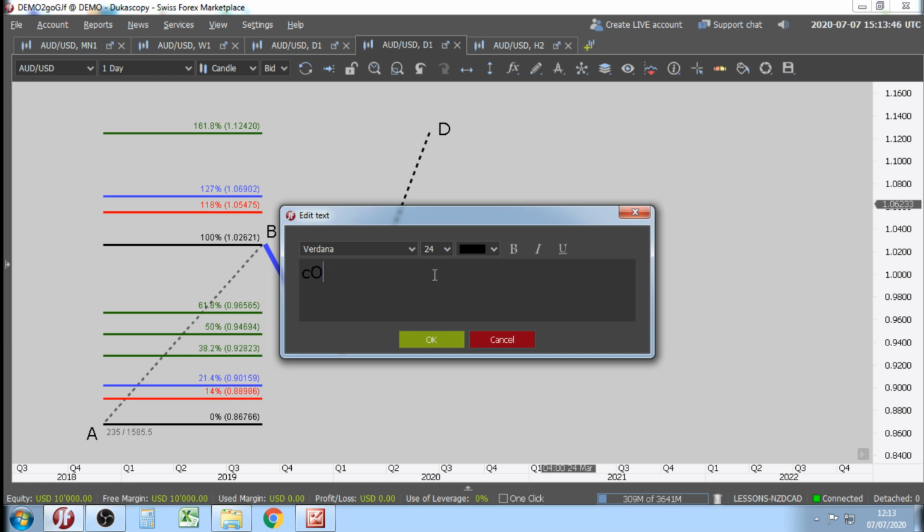So, the concept that we must learn, everybody. The contrarian Fibonacci is nothing more than a Fibonacci but drawn in the opposite direction.